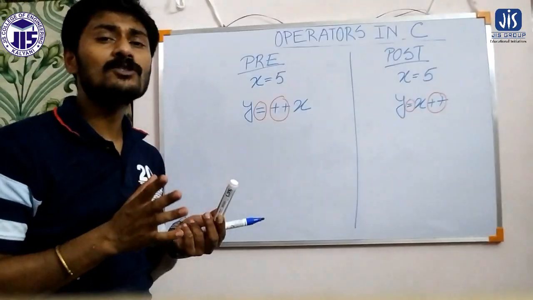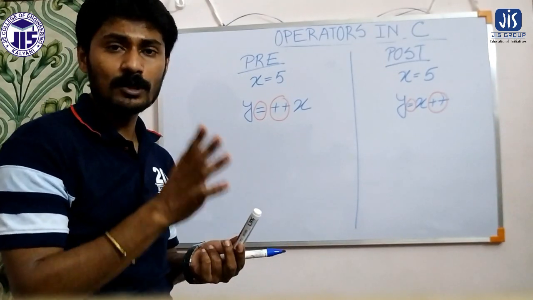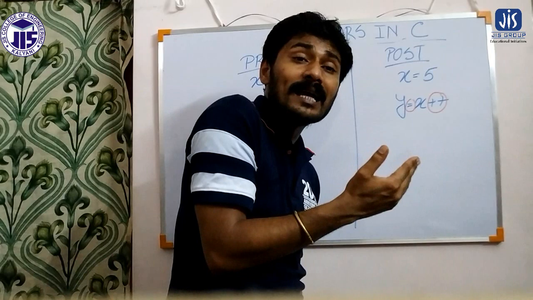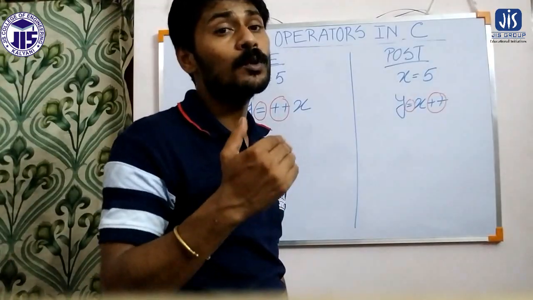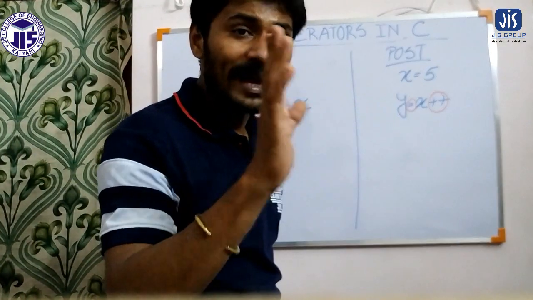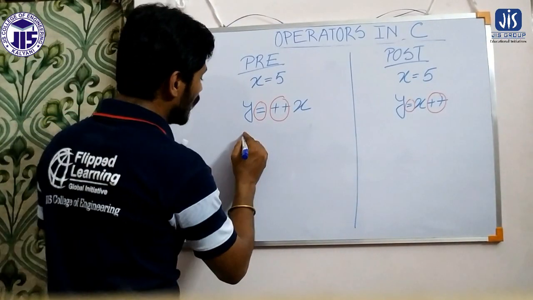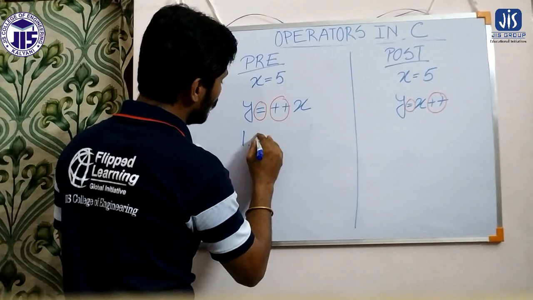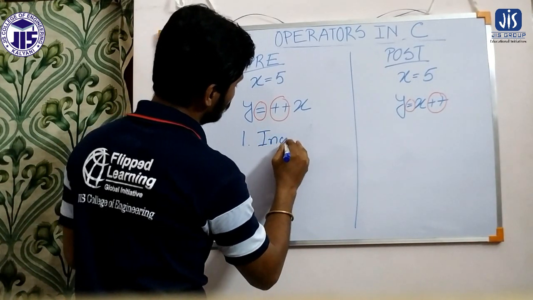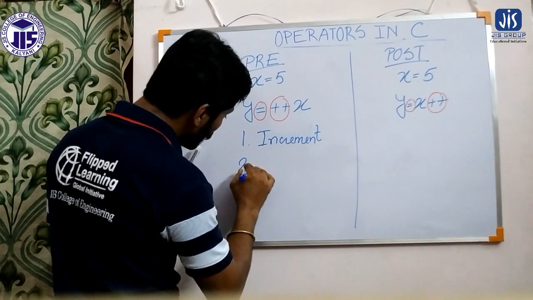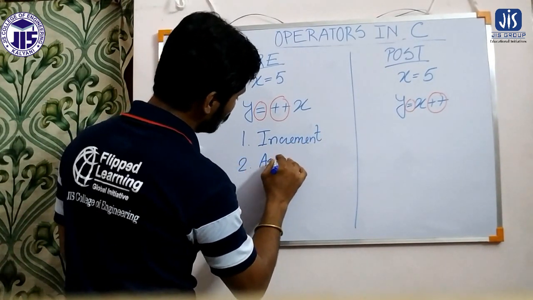Now pre means always previous, and post means later. So which operation will be executed first and which operation will be executed last, that is the difference. In case of pre-increment, first it will perform the increment operation, then it will perform the assignment operation.